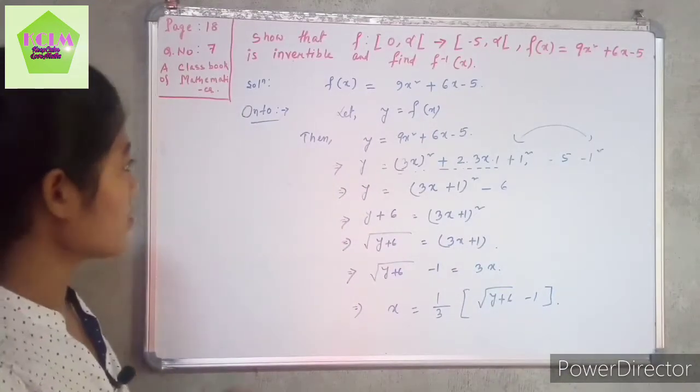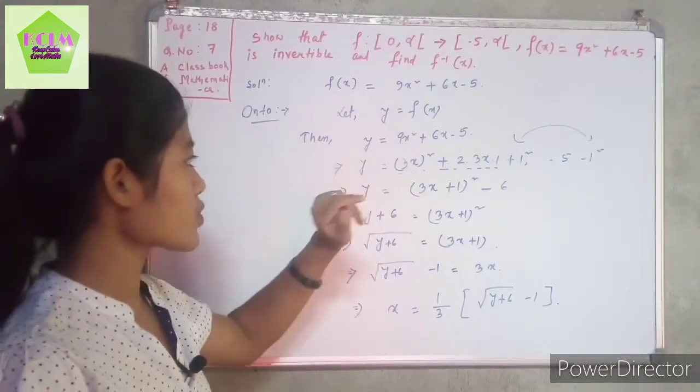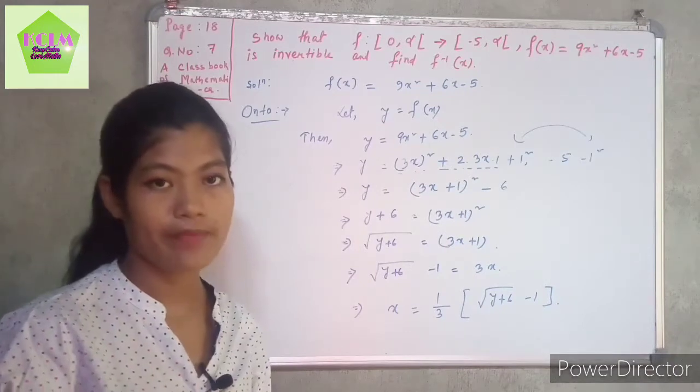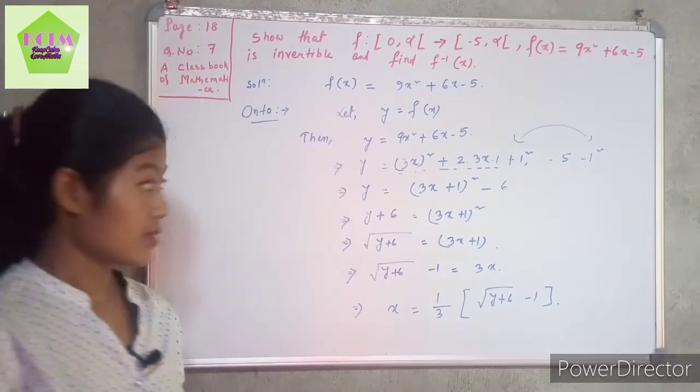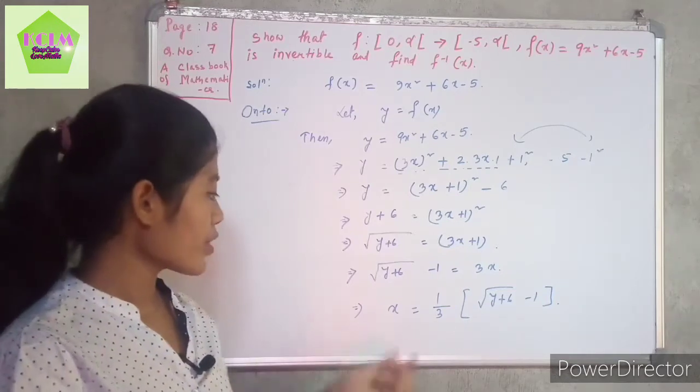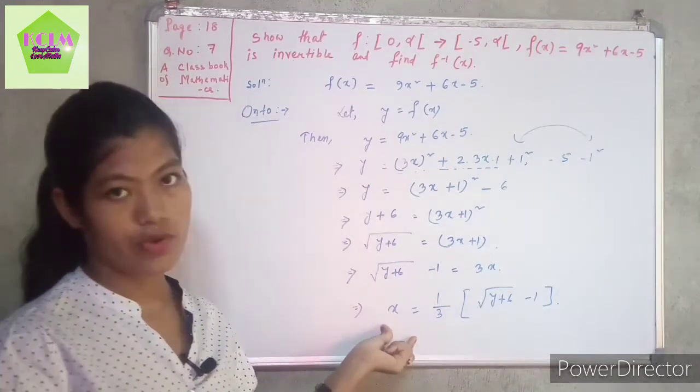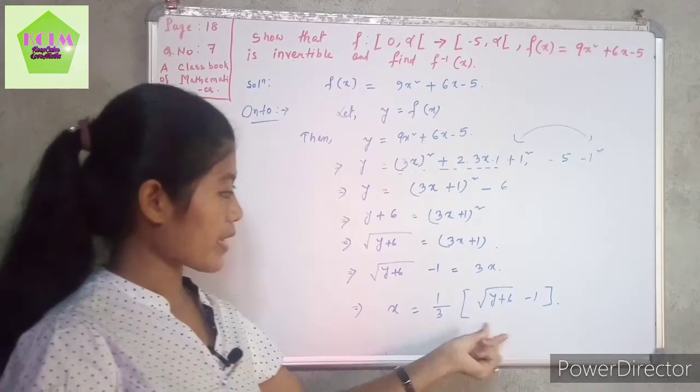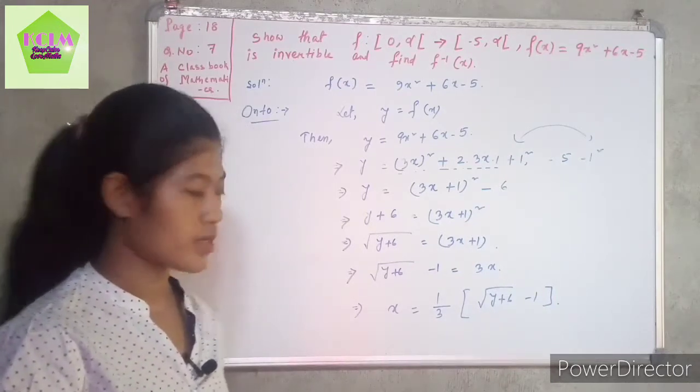So when y equals 9x square plus 6x minus 5, if we convert x in terms of y, then finally we got x equals 1 by 3 whole bracket root over y plus 6 minus 1.